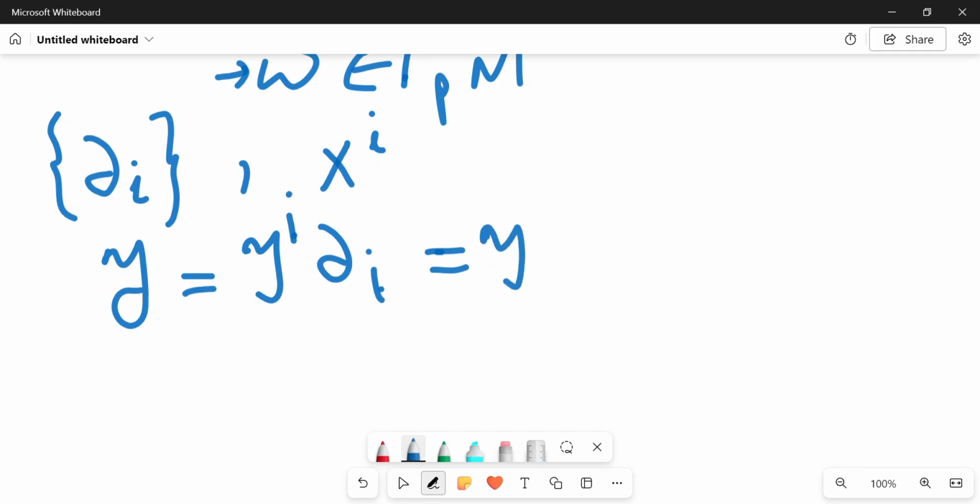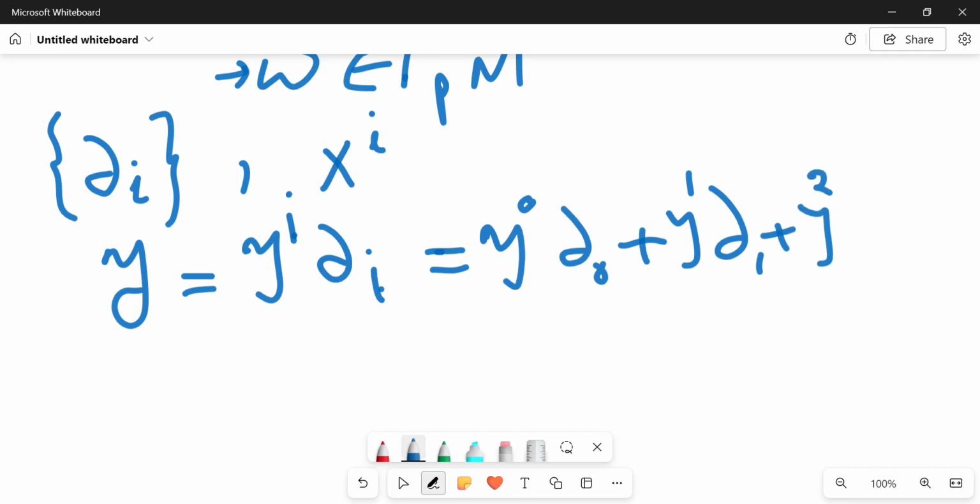So what is this? Suppose we have four-dimensional space: y^0 d_0 plus y^1 d_1 plus y^2 d_2 plus y^3 d_3. This is, say, the time component, y^0 d_0.